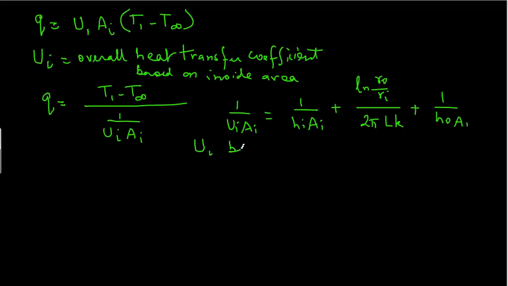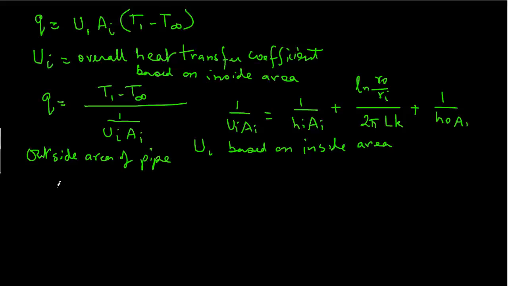The one thing you will notice is that we defined our overall heat transfer coefficient, Ui, as based on inside area. So the selection of this area to calculate overall heat transfer is actually quite arbitrary. For example, if we were to use the outside area, then instead of writing Ui, we will be writing Uo.